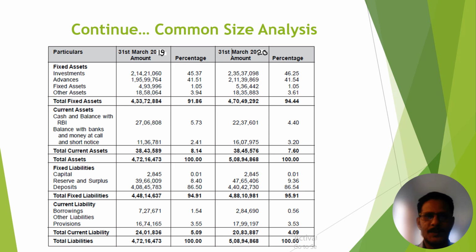This is the common size analysis. Under this, we convert our total assets and total liabilities to 100%, and each and every item we calculate in reference to 100%.